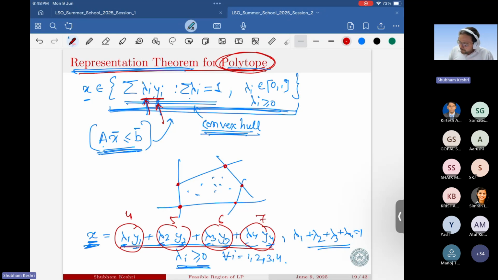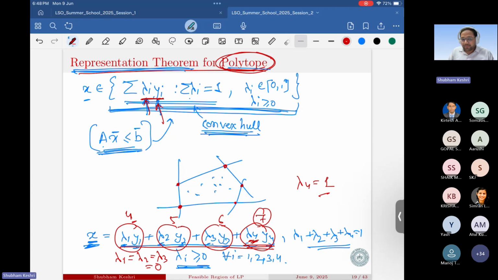Now, if this is 7, you can just put lambda 4 equal to 1 and all the other lambda 1, lambda 2, lambda 3 as 0. So now you can obtain the maximum value. You can obtain 4, 5, 6, 7, and any value in between. But if you put lambda 4 as 1, you will get the maximum value. Is that correct?